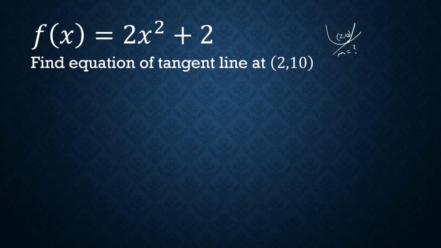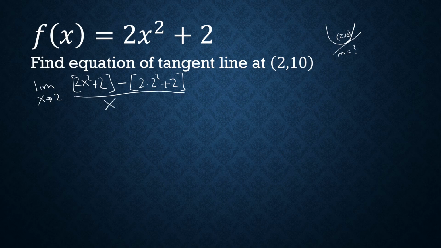So we're going to find our limit as x approaches 2 of f of x, which is 2x squared plus 2, minus f of 2, which is going to be 2 times 2 squared plus 2, over x minus 2, x minus a.